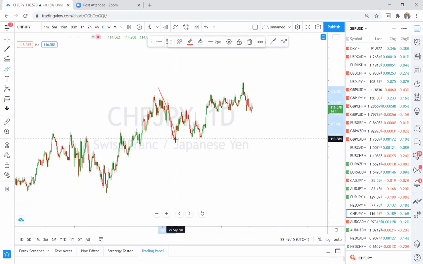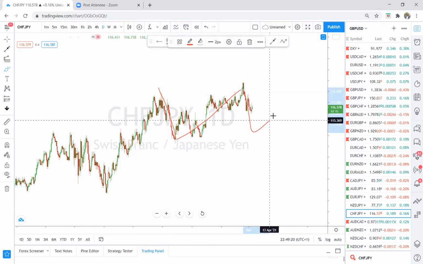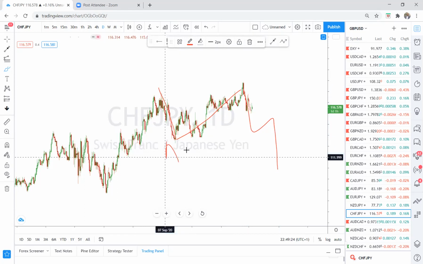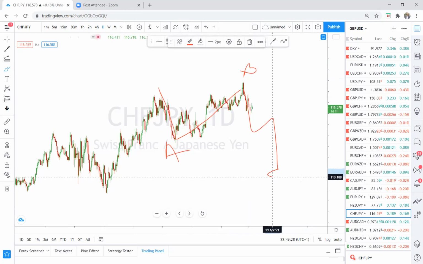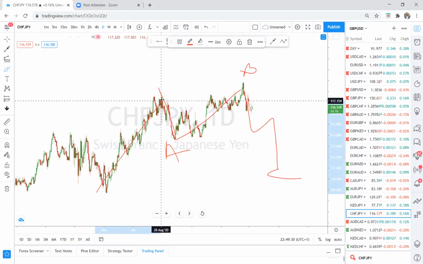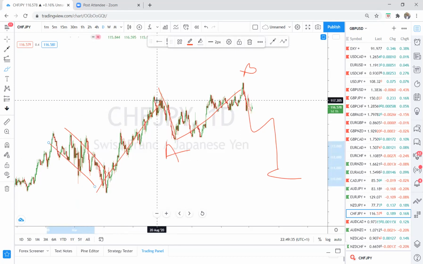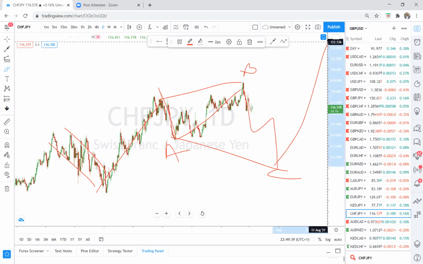It means that this move here is part of a bigger correction. Here you have the A, your B here, and then your C here. That will be a bigger correction for this move. You have a corrective structure here, a push to the upside, then another corrective structure here, and then a harder push to the upside.